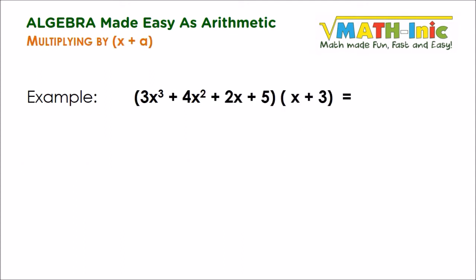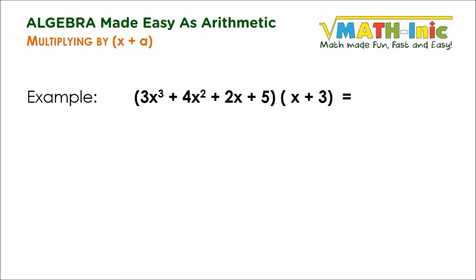We have previously extended the multiplication technique by 11 to multiplying by 12 and 13, and to multiplying by x plus 1. So similarly, as we have extended multiplying by 11 to multiplying by 12 and 13, we can extend the technique for multiplying by x plus 1 to multiplying by x plus any constant a.